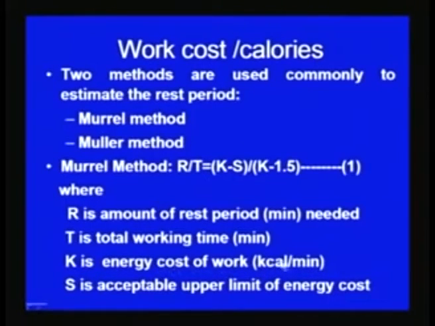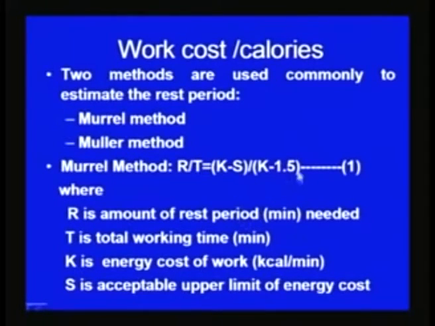If the energy cost of the work is more, then obviously the rest period will also be more. S is the acceptable upper energy limit cost of the work, which is normally found to be 4.5 kilocalorie per minute.